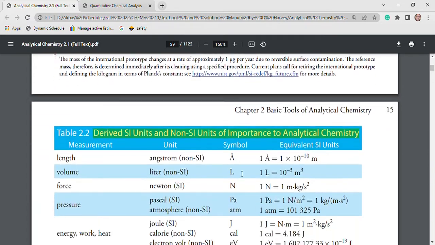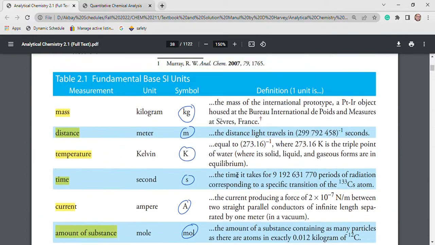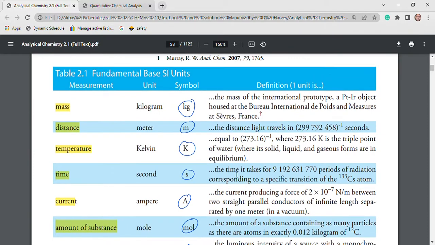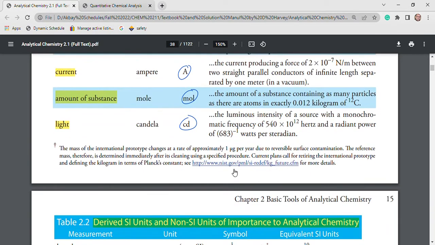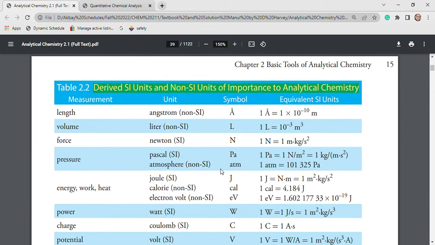All other units are derived units. As you see here, we don't have liters or joules or speed, for example, because those are derived units. So here you see some of them, liters, for example. That is the 3 distances multiplied: meter times meter times meter, so you come up with cubic meter.